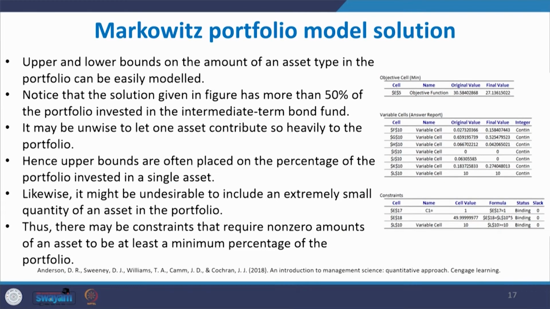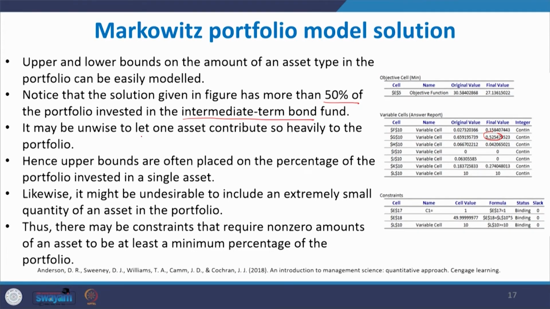The upper and lower bound on the amount of an asset type in the portfolio can be easily modeled. Notice that the solution given in the figure has more than 50% of the portfolio invested in the intermediate term bond. You see this one. It may be unwise, because we are investing 52%, more than 50%, in a single security.